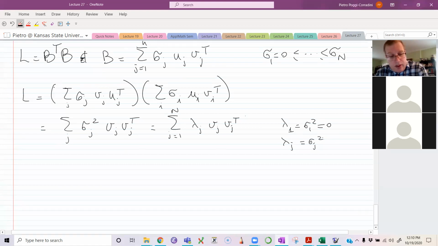Right. So let's assume for simplicity that G is connected. So every other eigenvalue is actually positive.